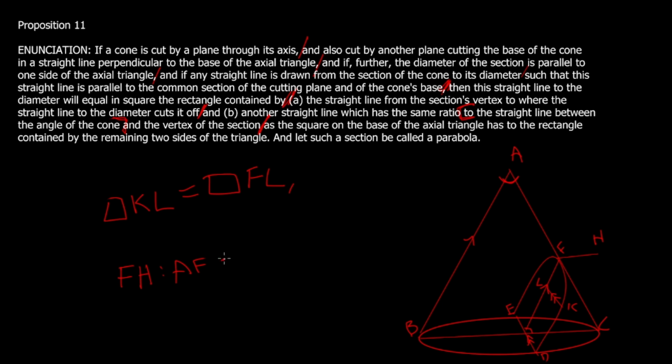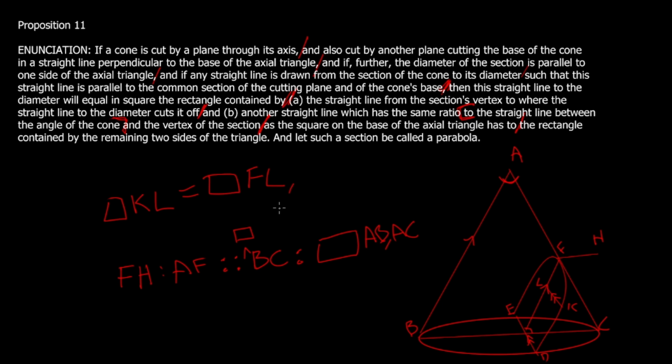As the square on the base of the axial triangle, that would be BC, has to the rectangle contained by, I forgot to put square here, the two remaining sides of the triangle. So that would be AB, AC. And let such a section be called a parabola.